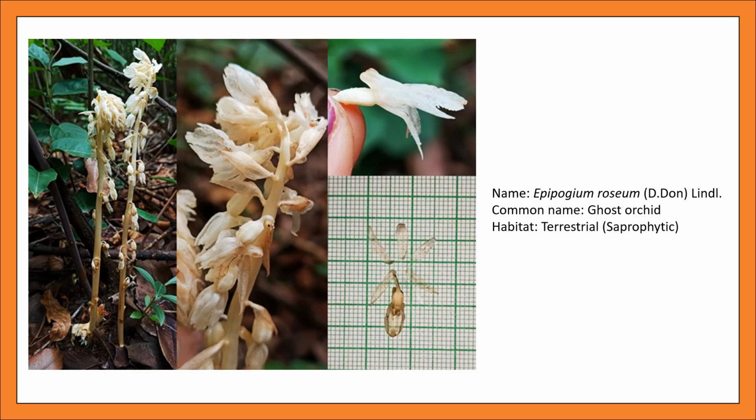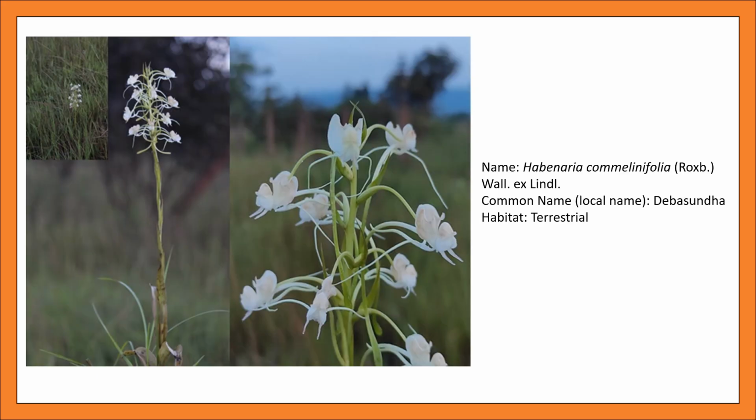This is the Epipogium roseum, a saprophytic orchid species. It looks more like a saprophytic or parasitic plant. It's Habenaria commelinifolia. We collected it near the paddy field. The common name is Devsundha.